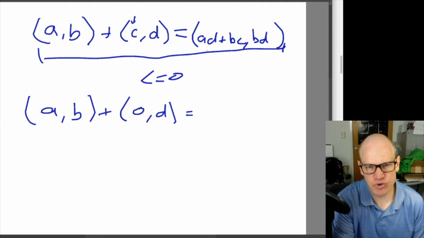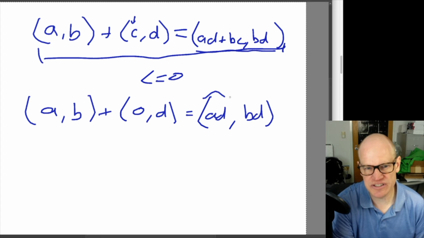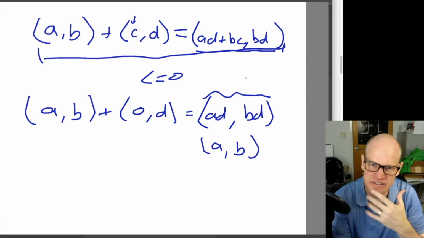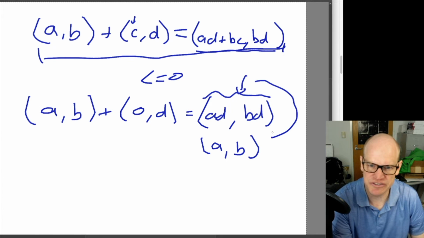If I follow the same formula, then that's equal to AD plus 0, and then over here, it's going to be BD. And then you have a rule that says, okay, this is equivalent to A/B. You have a mechanism for saying that this thing is equivalent to that thing.